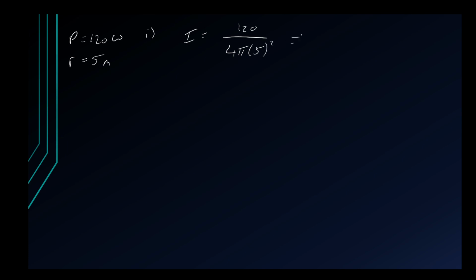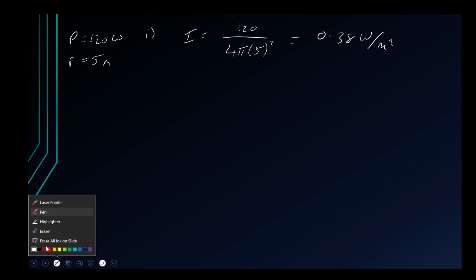So it's going to be 120 divided by 100 pi. So it gives 0.38 watts per meter squared. And that is the intensity at 5 meters away from that source.